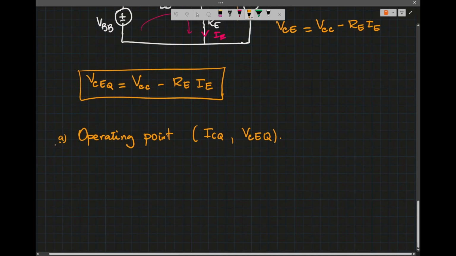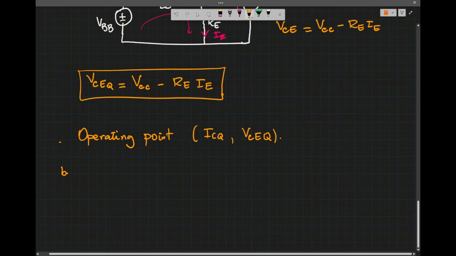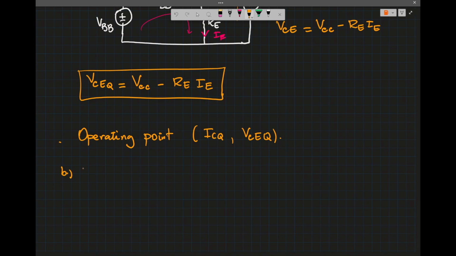So that is number one. So question B. For question B, we're asked to find and sketch the DC load line. So we're doing the DC load line first.